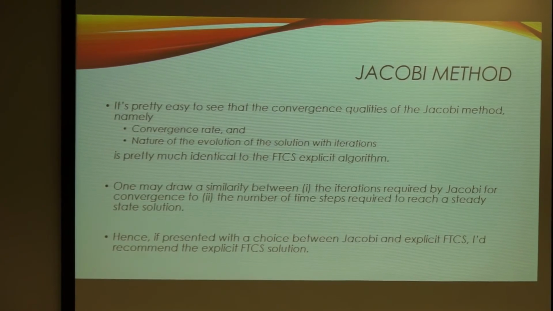So the number of iterations required by Jacobi to converge is almost the same as the number of time steps you require using FTCS to reach a solution. Isn't that interesting? If you asked me what method I would use, Jacobi or explicit FTCS, I would recommend using explicit FTCS every time.